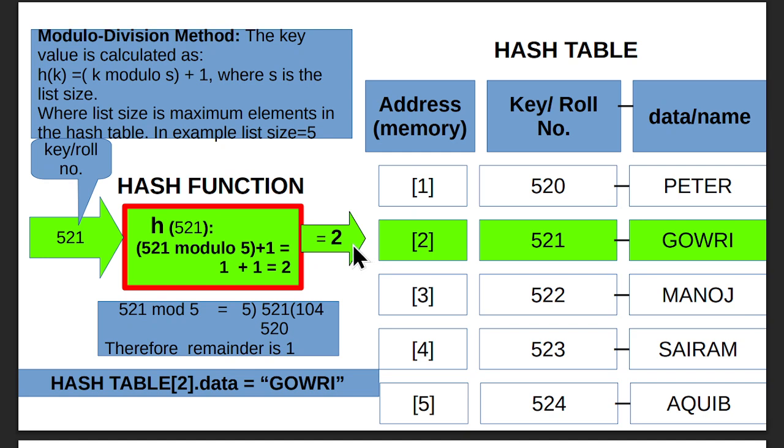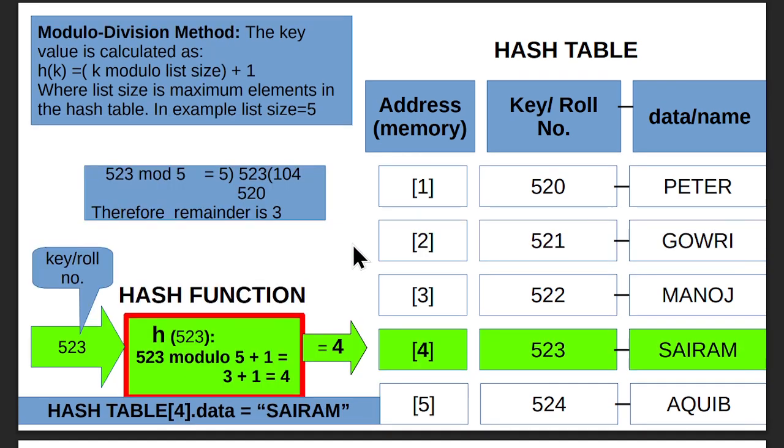Now I'm going to show another example. For example, if the key value is 523, then the hash function will calculate 523 mod 5. What is that? 523 mod 5 means you divide 523 by 5 and find the remainder. It goes 104 times, which is 520, and the remainder is 3.